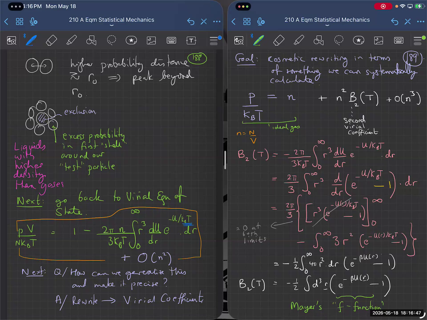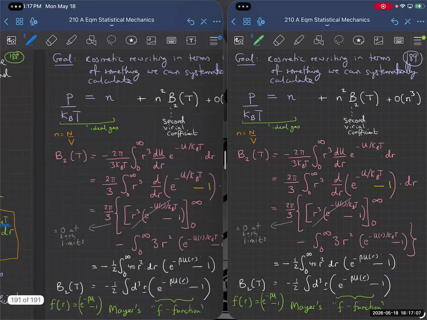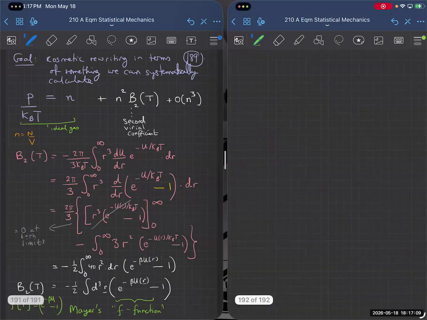And so f of r is equal to e to the minus beta u minus 1. Okay, so that's our formula. Now let's have a look at what this thing means.